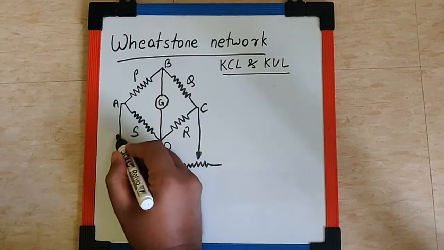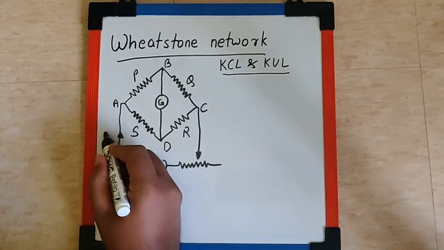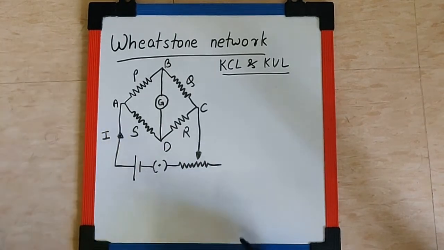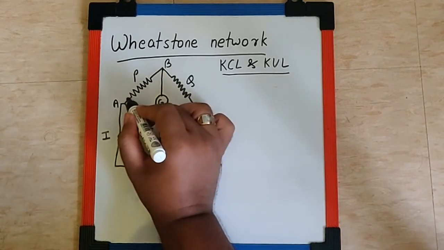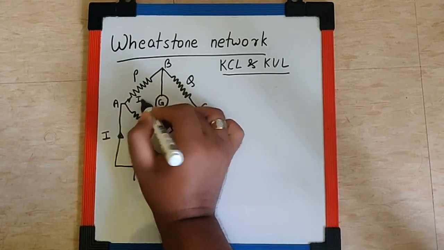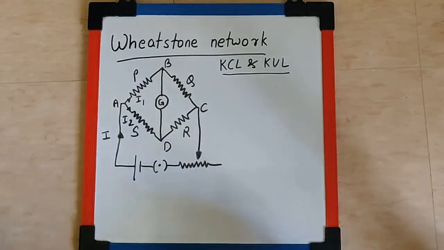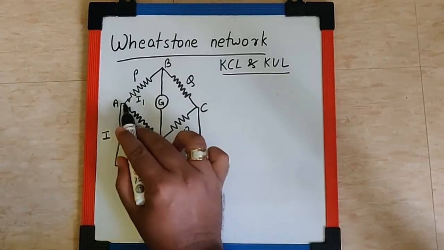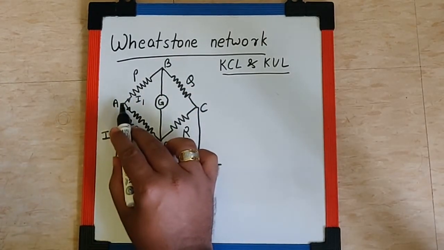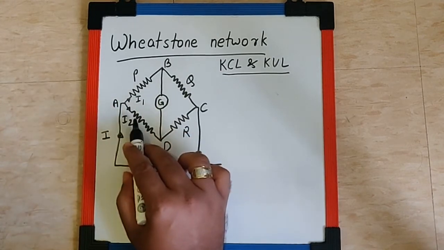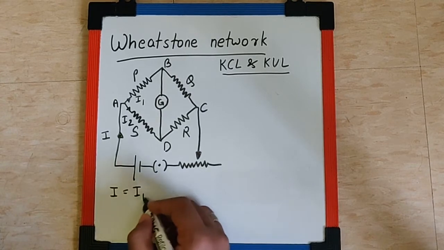Let's assume the incoming current from the battery to this circuit is I. This current will divide in two branches, I1 and I2. At junction A, we can apply KCL and say incoming current I is equal to outgoing currents I1 plus I2. So this is one equation we can write.